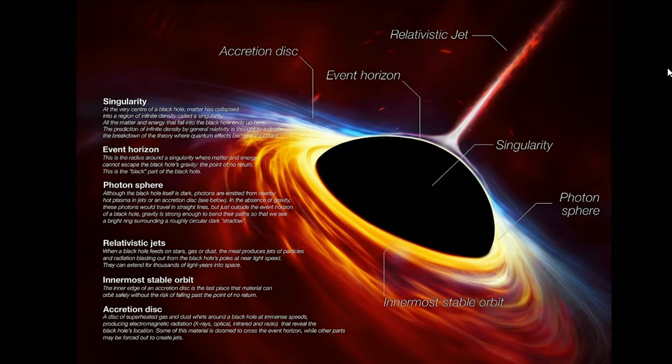Then, going out from the singularity at the center, you get the event horizon. This is the outer boundary of the black hole. If you're outside of the event horizon, you're not in the black hole. Inside the event horizon, you are in the black hole.